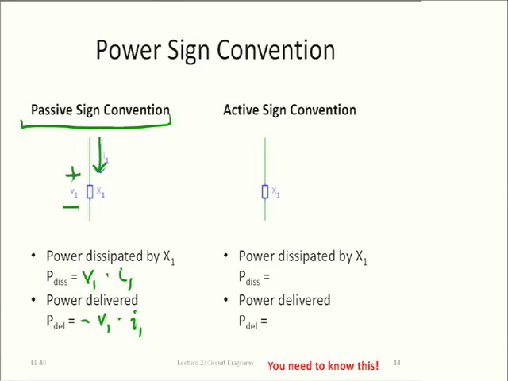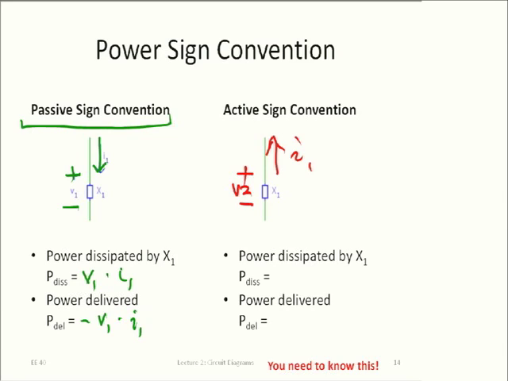But so here is the active sign convention. V2. Now notice that here I make the voltage and the current go in opposite directions. And of course I could have drawn the voltage the other way around and the current the other way around, both of them, and they still would be in opposite directions, and then again I would have active sign convention.